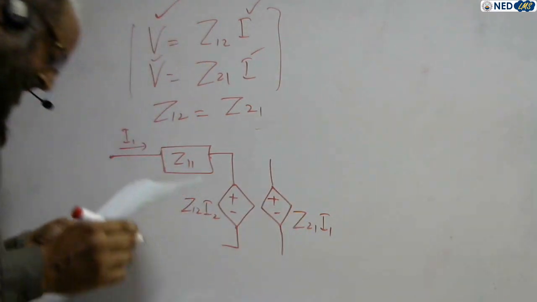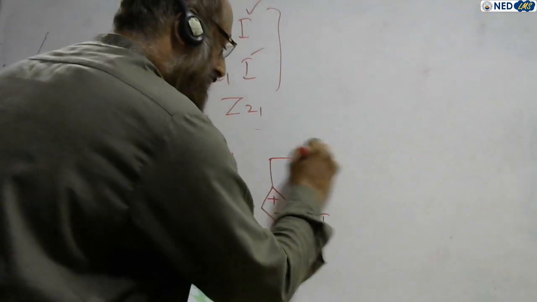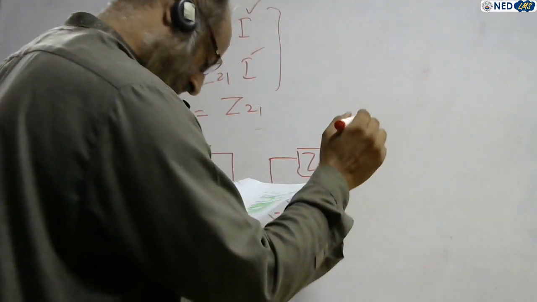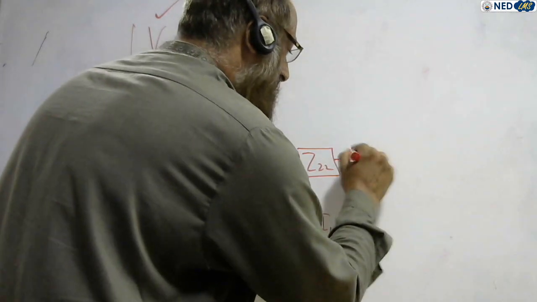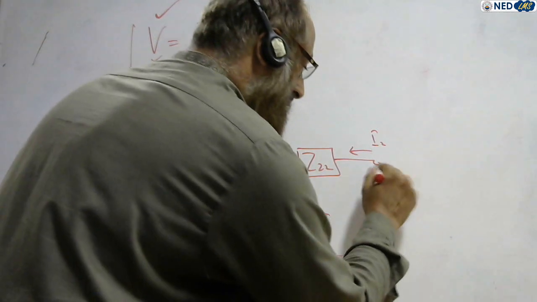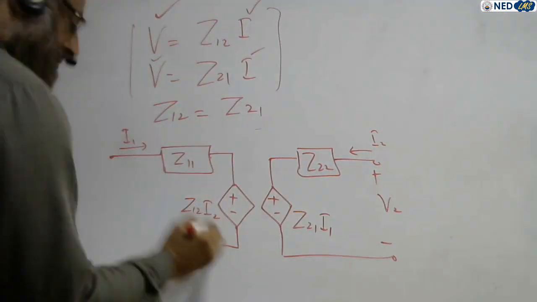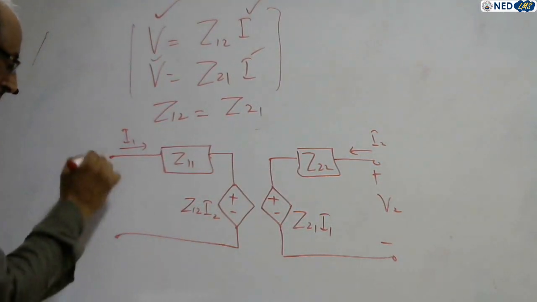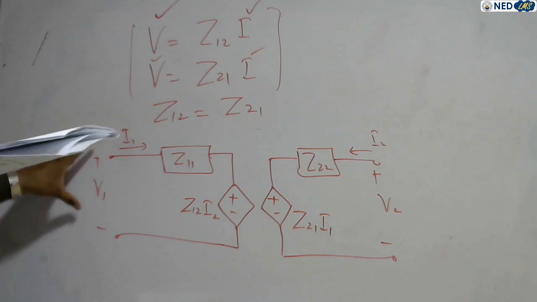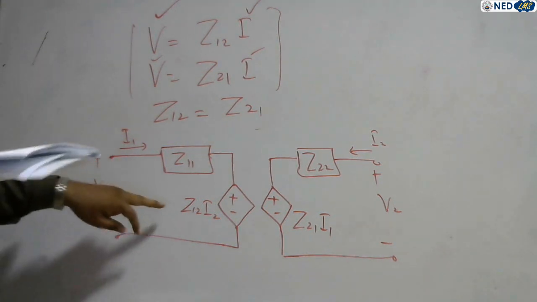Polarities plus minus, impedance of this side Z22, the current I2, and the voltage V2. Same is the case here, the voltage V1, and I1.